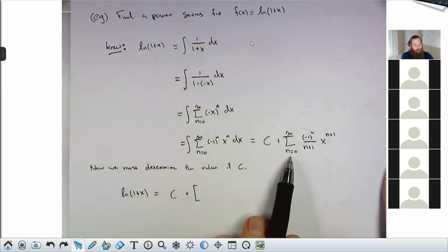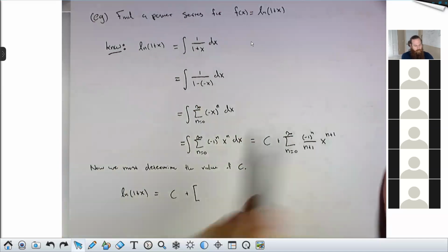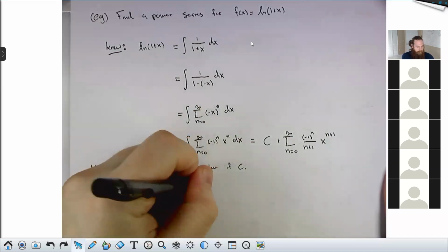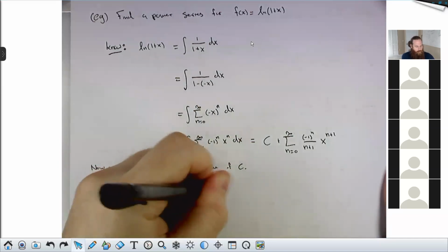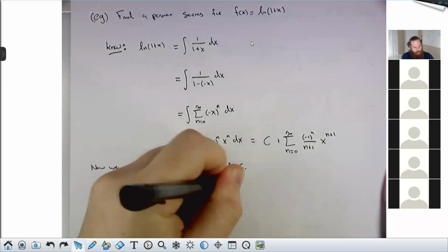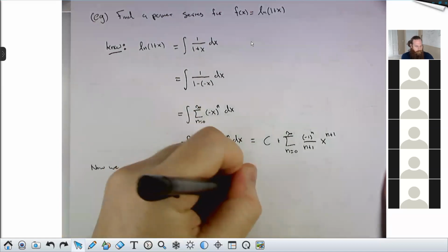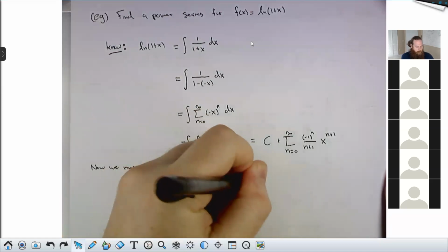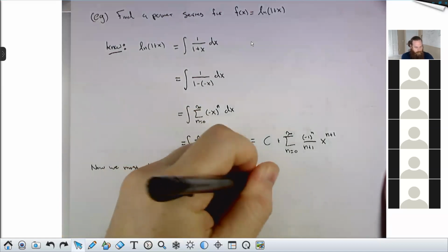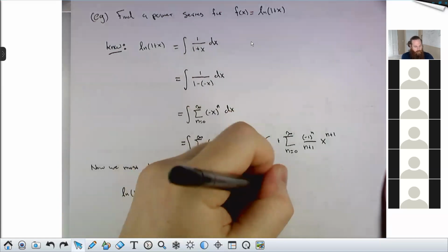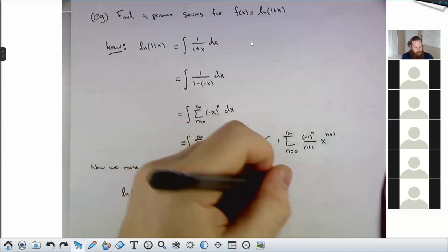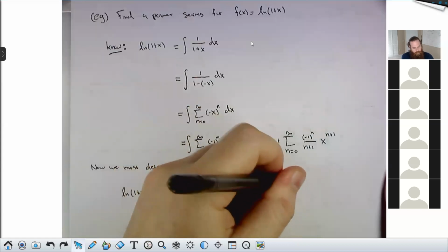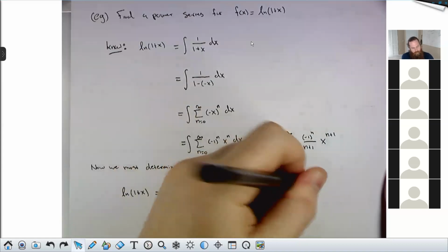When n is 0, I get 1 over 1 times x to the 1. When n is 1, I get minus 1/2 x squared. When n is 2, I get plus 1/3 x cubed. When n is 3, I get minus 1/4 x to the 4, and it goes on and on like that.